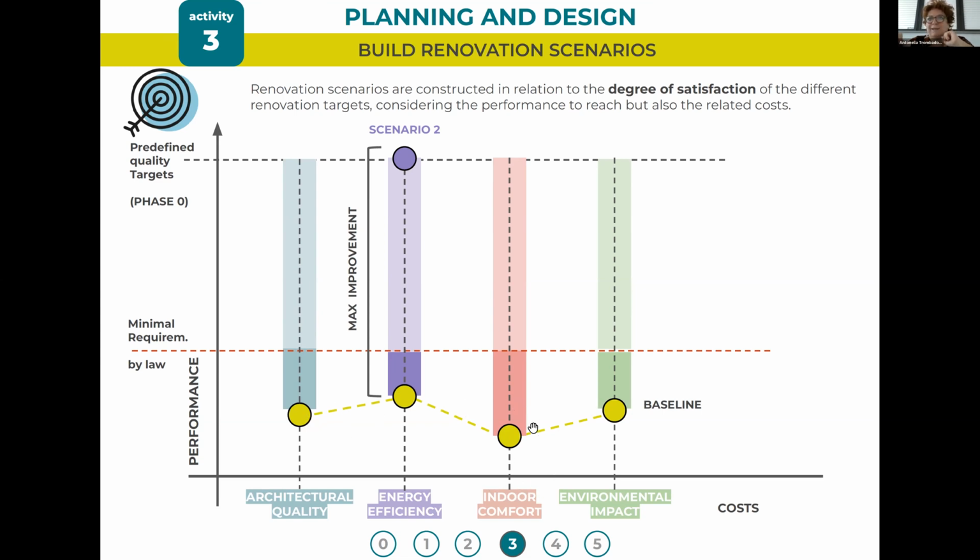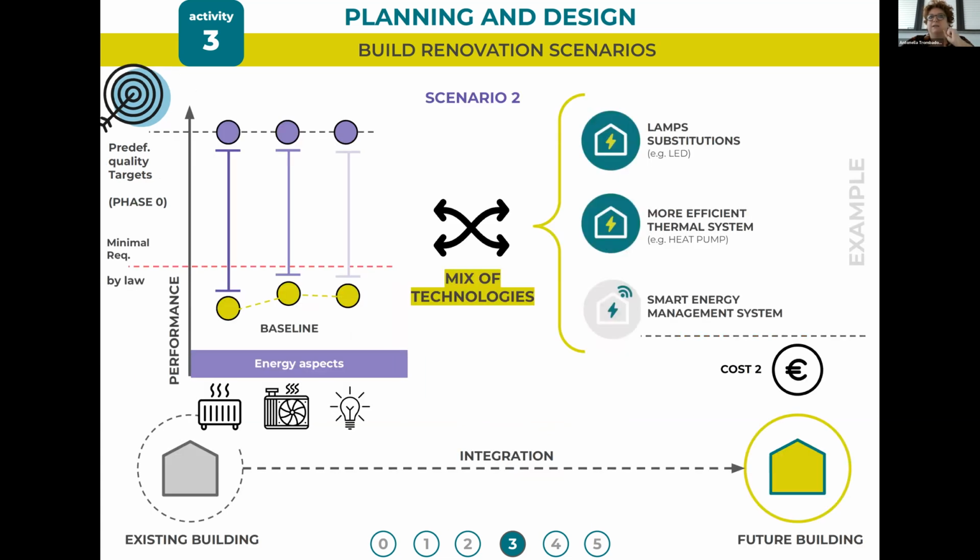The benefit is not so related, and also it's not so related to the environmental impact. So we can move the baseline and we have a cost, but without the direct and indirect benefit. This is the example of scenario 2.